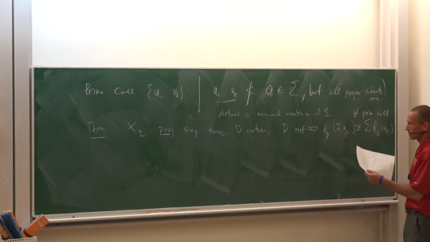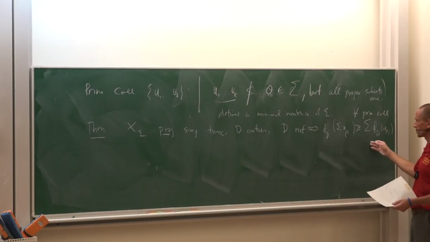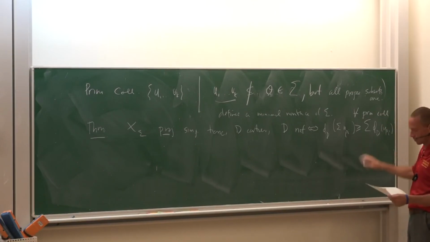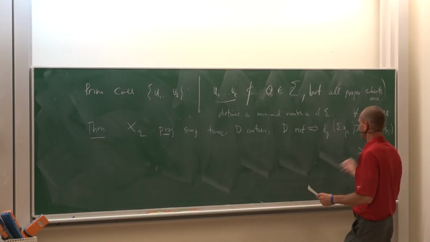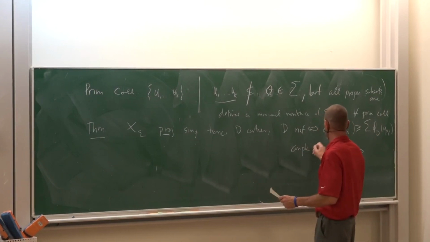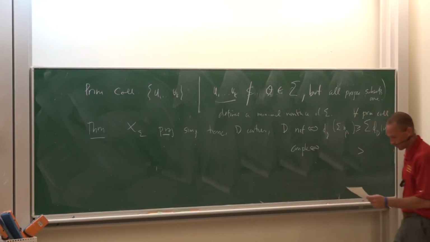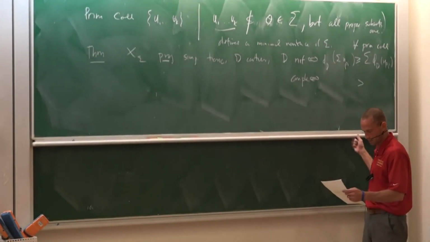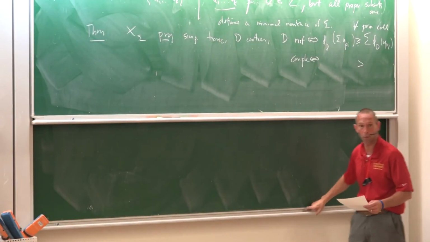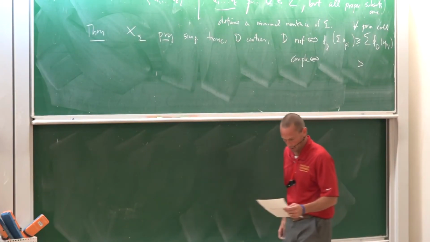So in particular, to check nefness, it's sufficient to check nefness on all primitive collections, and it's ample if this is a strict inequality. So this is a beautiful criterion, and I want to close with a last theorem on what the Mori cone looks like.